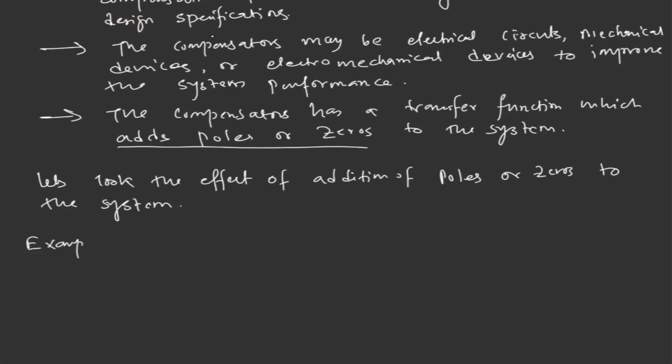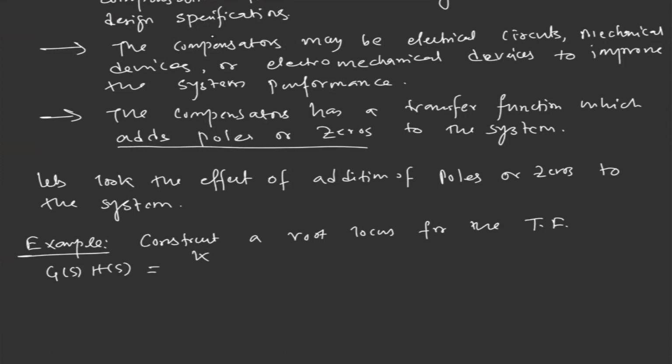Example: construct a root locus for the transfer function G(s)H(s) equals K by s into (s plus p1). So there are no zeros in the system, only two poles, one pole at the origin and another pole at s equals minus p1.